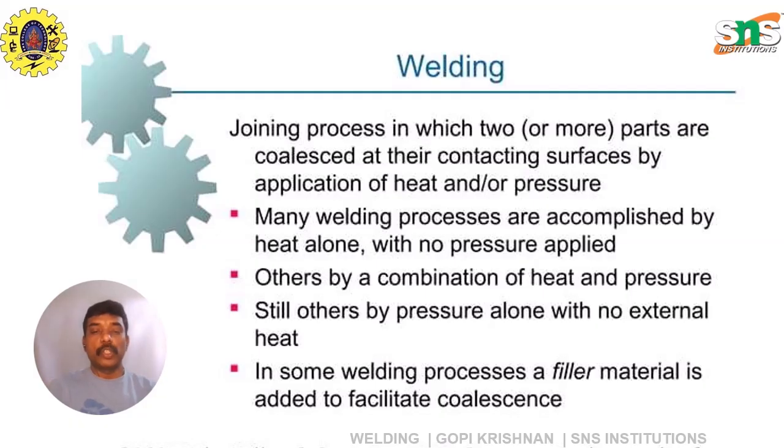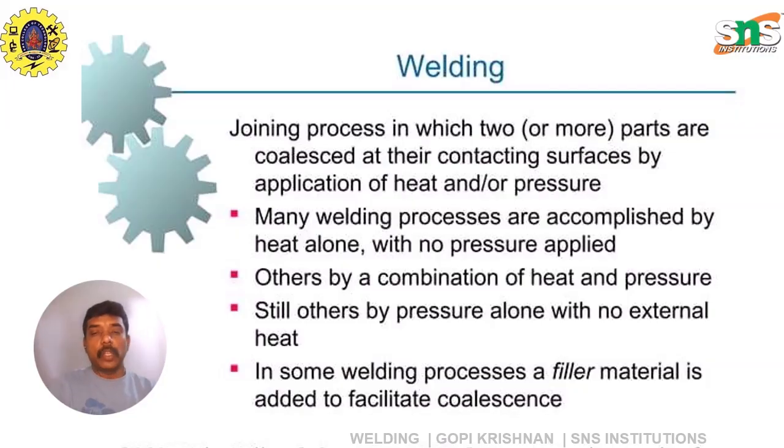Welding is one of the processes used for joining two components, metals, or parts together. It is the process in which two or more parts are coalesced at their contacting surfaces by the application of heat and pressure, or heat or pressure.